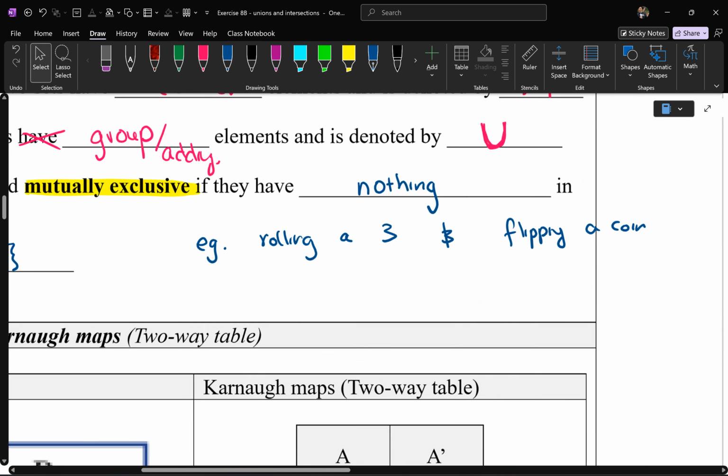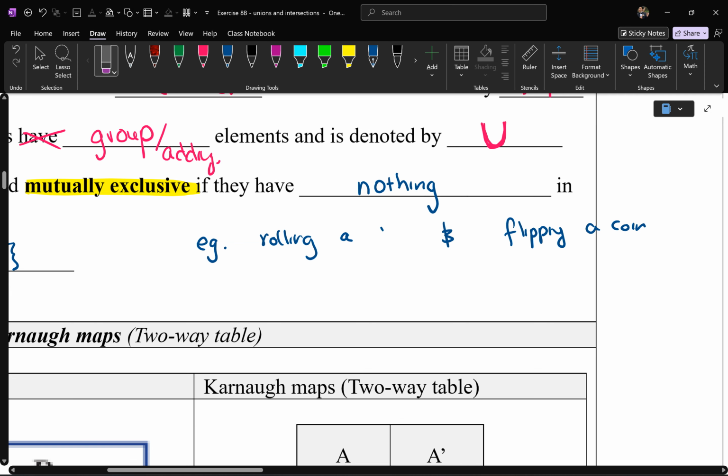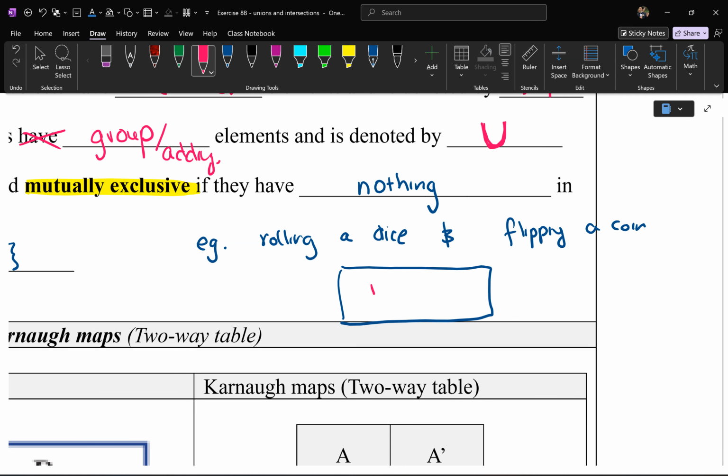If you like it in a picture, this is how I can illustrate that idea. Let's say this is our universal set. Rolling a dice, you can have 1, 2, 3, 4, 5, or 6. So this is R for rolling a dice. And flipping a coin, let's call it F. You get heads or tails. So in this universal set or sample space, I can have 1, 2, 3, 4, 5, 6, H and T. But do they have anything in common?